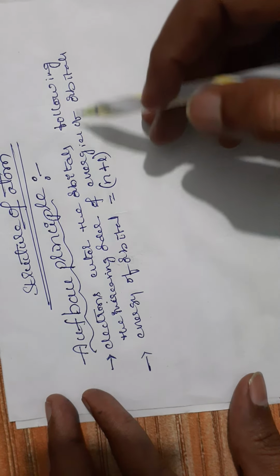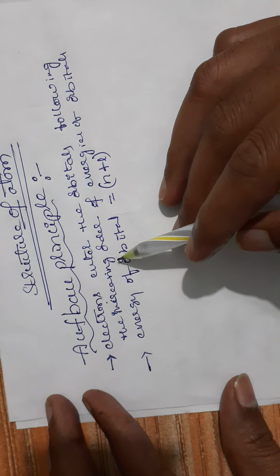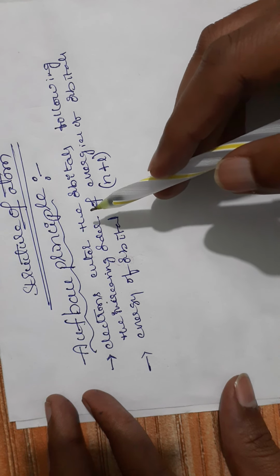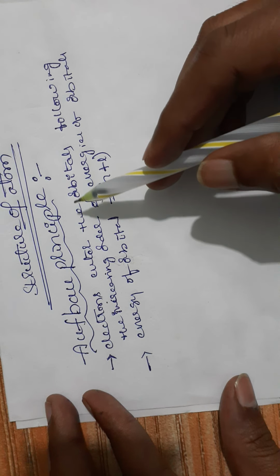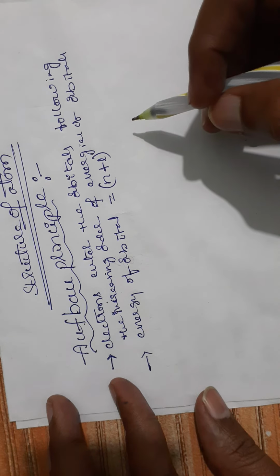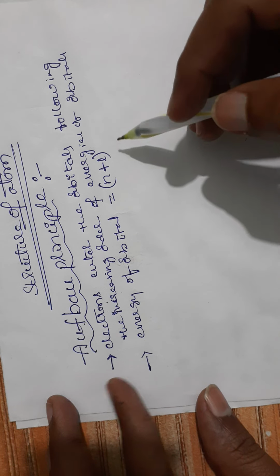Electrons can go into the orbitals which have lower energy first. After filling those, the orbital filled in the second stage has energy higher than the first. So electrons follow the ascending order of energies of orbitals.